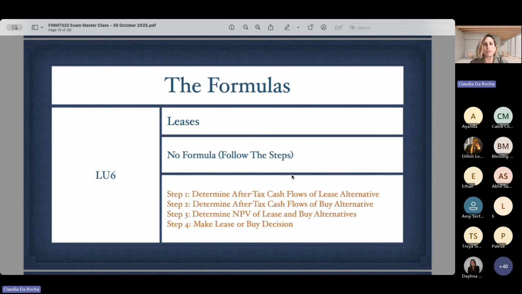Because the tables that are in your paper are based on whole numbers, okay? So my suggestion is definitely use calculator. It's also quicker and more accurate because there's no rounding, right? Okay, then step 4 is to make the lease or buy decision. As I said before, you're looking at the cost. You're looking at which of the two will give you the lowest cost.